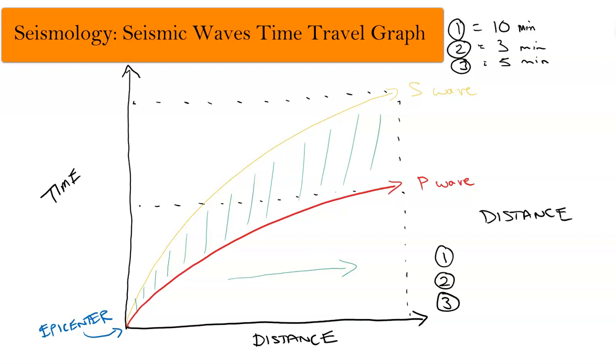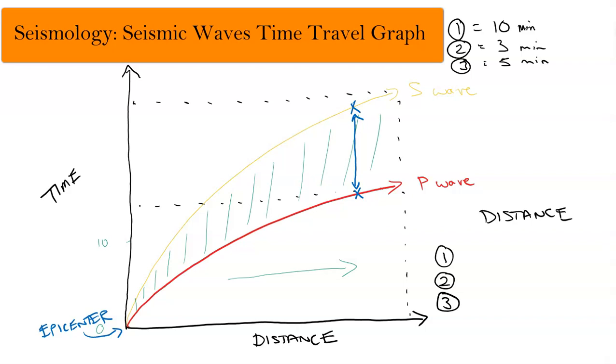So the first one was 10 minutes. We've got to find where there is a 10-minute gap between the P wave line, this red line, and the S wave line, the yellow line. So all we do is find how far 10 minutes is. Let's say this is 0 minutes, and this is 10 minutes. That's a 10-minute gap. You move that over to the line, and let's say it is here. So this right here is a 10-minute difference.